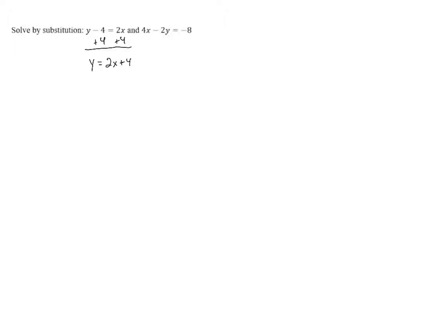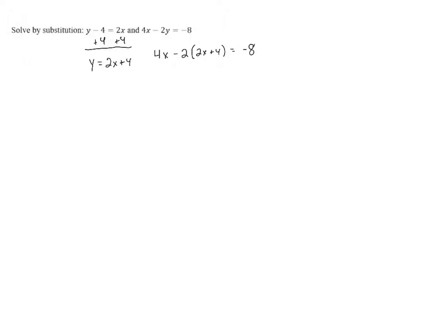Now, because y equals 2x plus 4, in the other equation, wherever we see a y, we can replace it with 2x plus 4. So we have 4x minus 2 times y, but y is the same as 2x plus 4, equals negative 8.